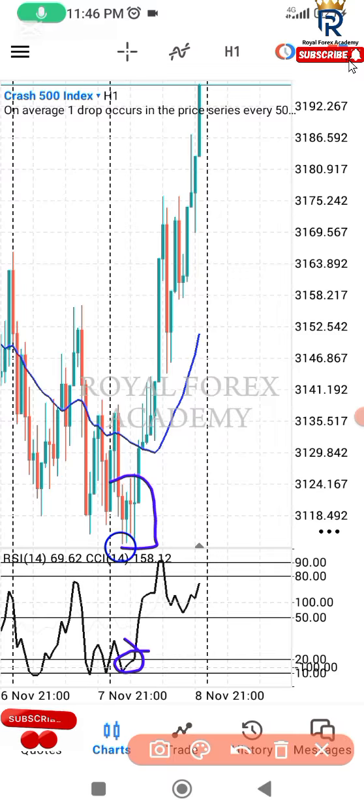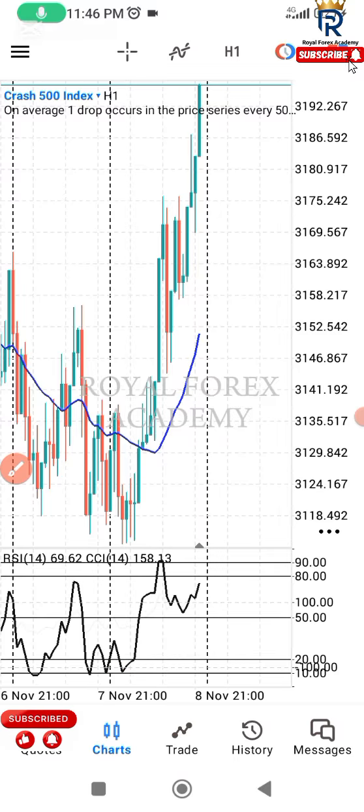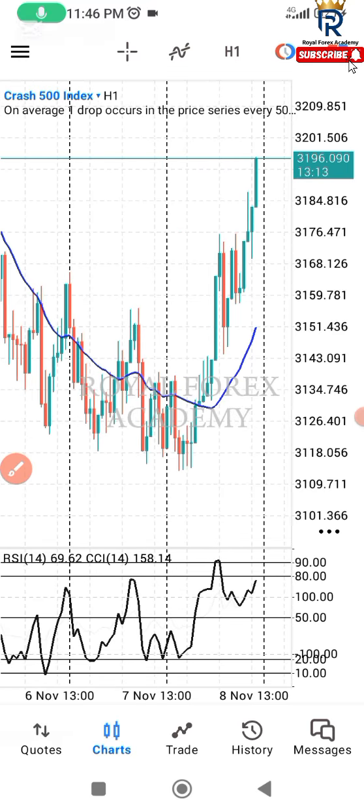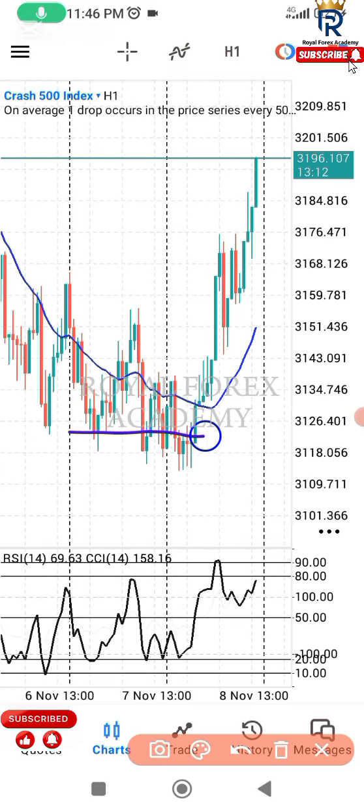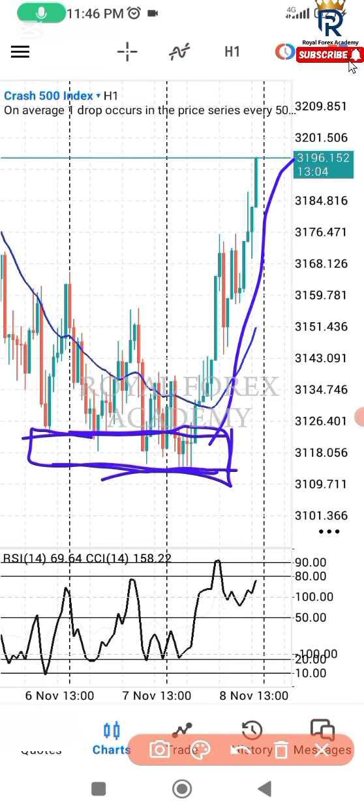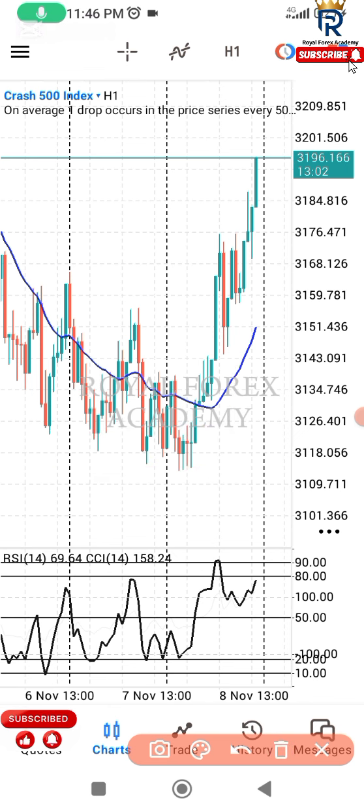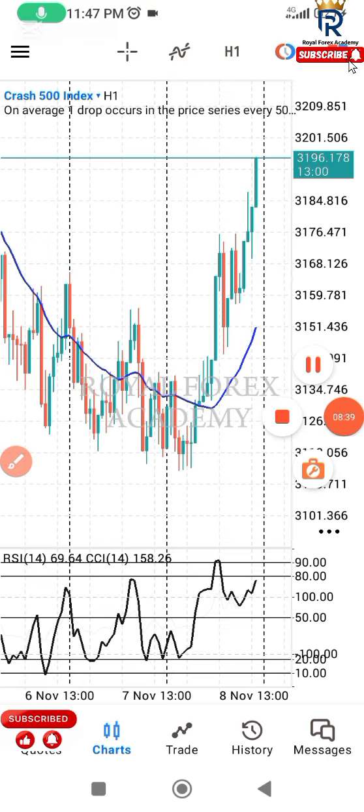You can see that. And if you look at this zone, you realize that this zone has been a previous level of support. You can see how many times price retested this support zone before eventually moving to the upside. This approach is simple, and it is easy for anyone to do and replicate the same result.